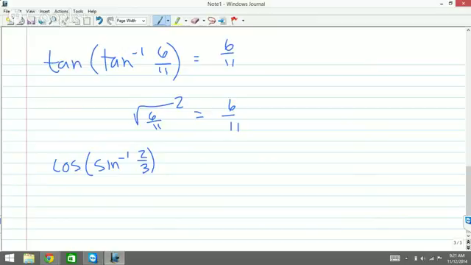What's sine inverse of 2/3? It's 41 what? Okay. And what's cosine of 41.81?